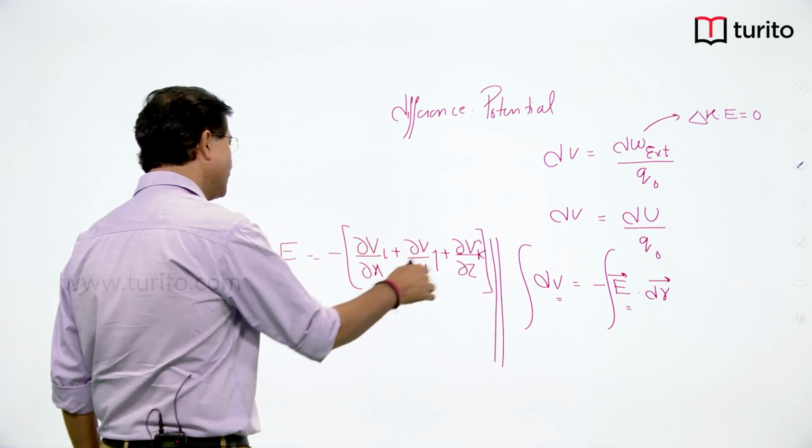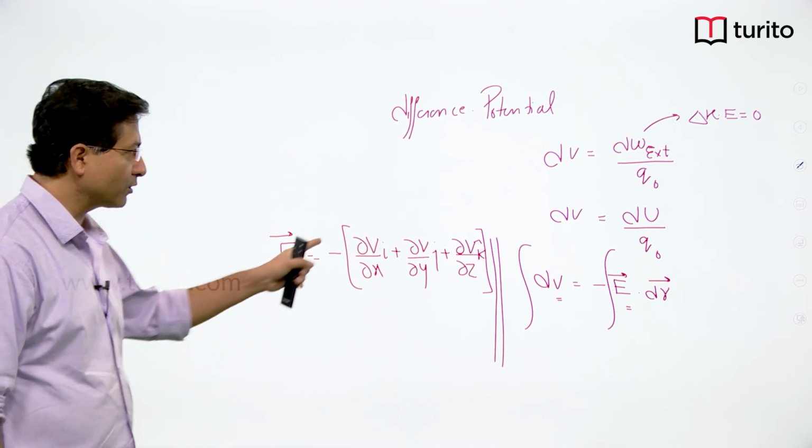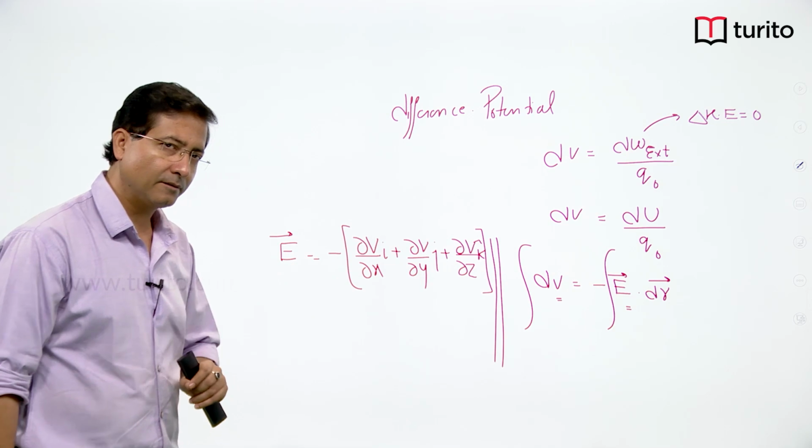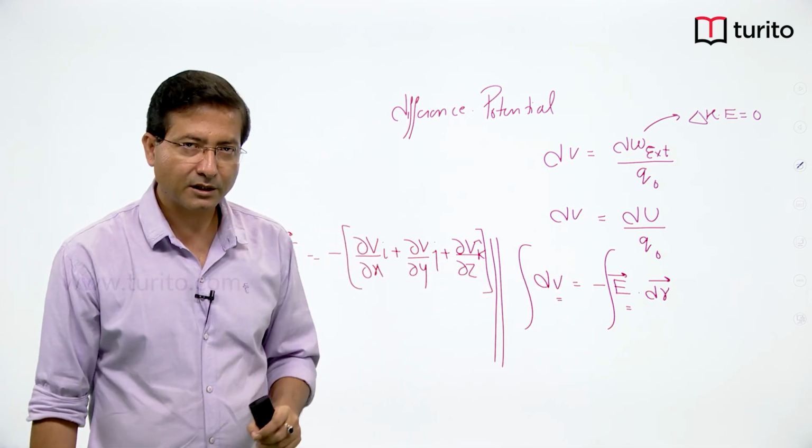So, this way you can find out electric field in vector form. If potential is given, you can find out field. If field is given, this is the way to find out potential in a space.